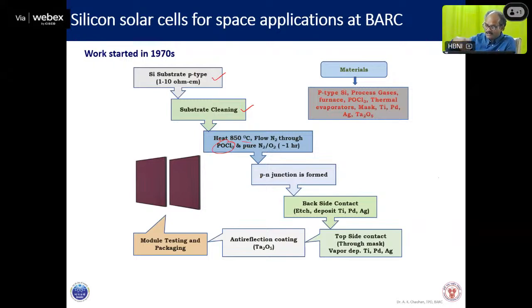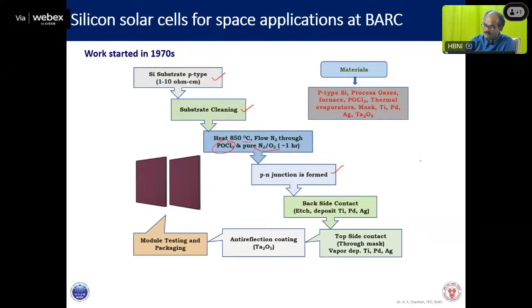It was placed where POCl3 containing nitrogen was passing through it, and then pure nitrogen and oxygen ambient was there, and therefore now you had P, and over that, as I said in the earlier slide, all four sides of that a PN junction is formed.